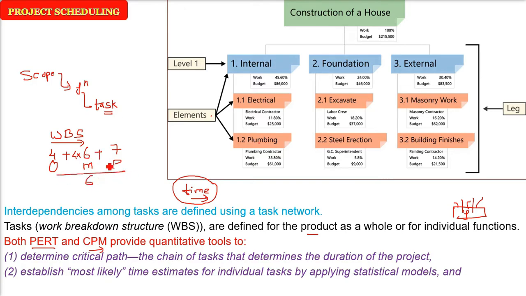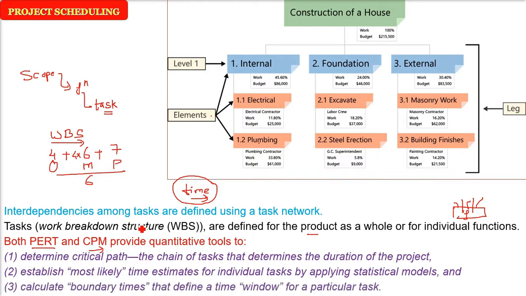So we are basically establishing the most likely time estimate for the individual task using a kind of statistical model. Basically, duration is the key. And then we try to calculate the boundary times that will define a time window for a particular task. Time window boundary just means when it is going to start in your project and when it is going to end.